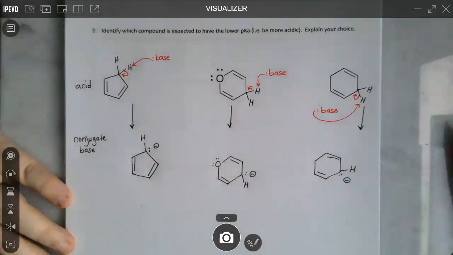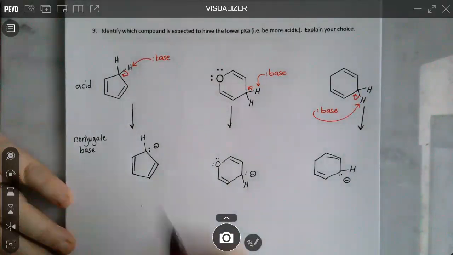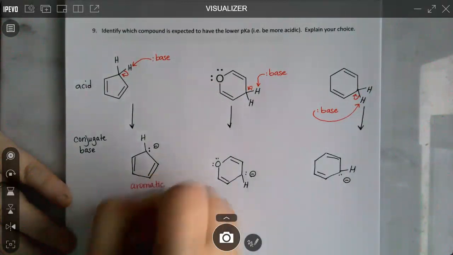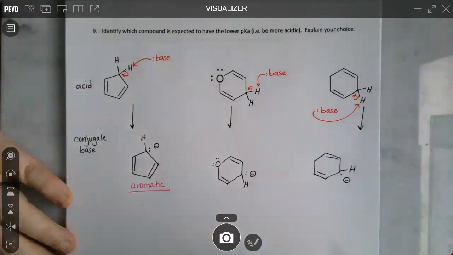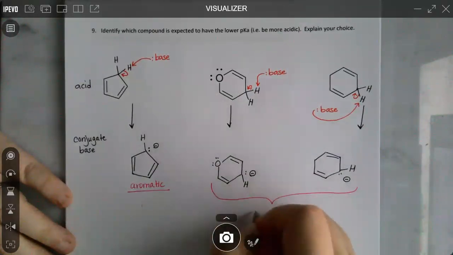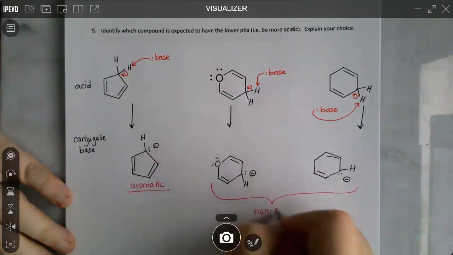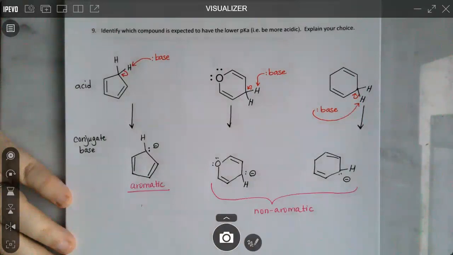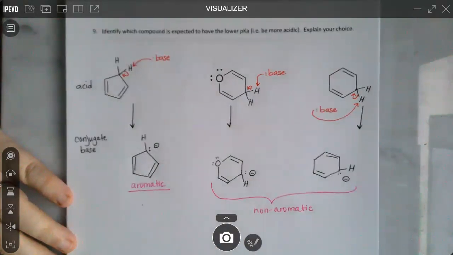So these are our conjugate bases, right? And in only one case is this conjugate base aromatic, right? This one is aromatic. These two, right, are non-aromatic because they don't have the right number of electrons in overlapping p orbitals in the ring.